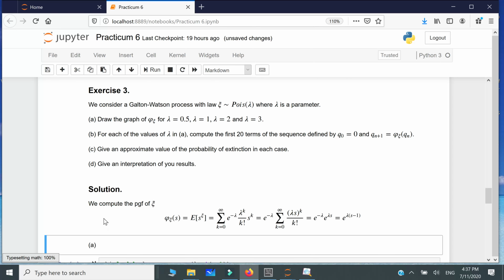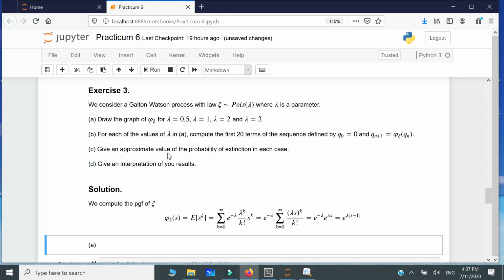Yeah. So this series is just the exponential of lambda s, as you know from calculus. So we get e to the minus lambda times e to the lambda s, and this is just e to the lambda (s minus 1). So this is the PGF, a very simple formula for the PGF of xi.